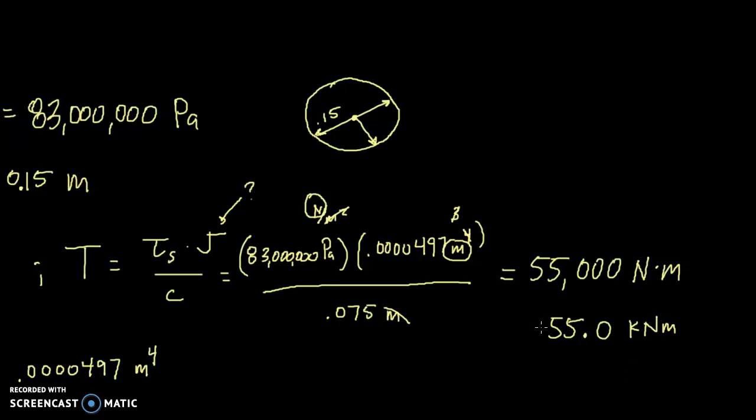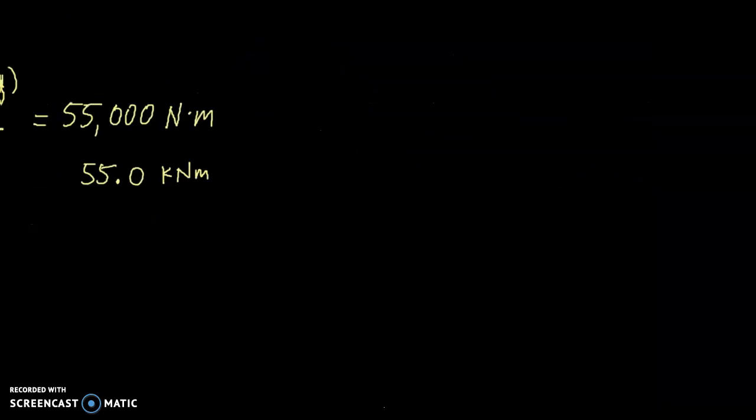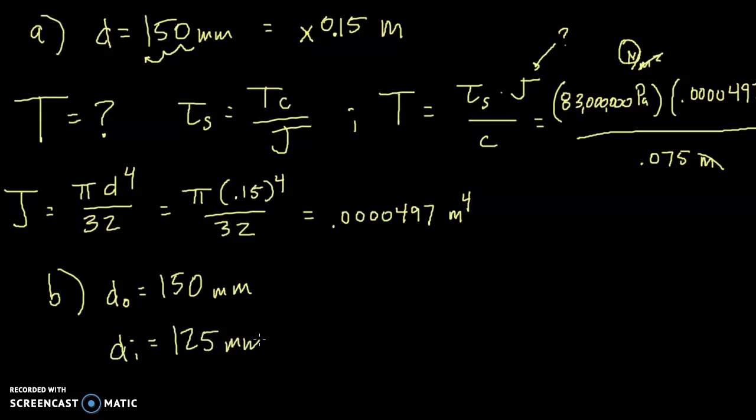Now, part B of this example problem asks, let me slide back over here. Part B of the example problem asks, well, what if we didn't have a solid shaft? What if we had a hollow shaft with an outer diameter of 150 millimeters and an inner diameter of 125 millimeters?